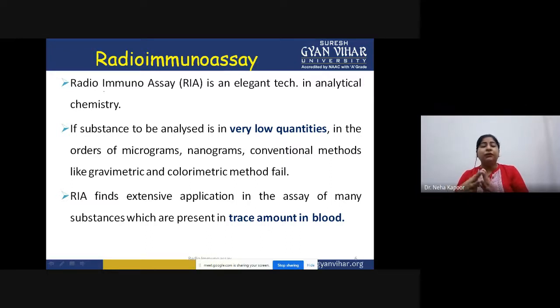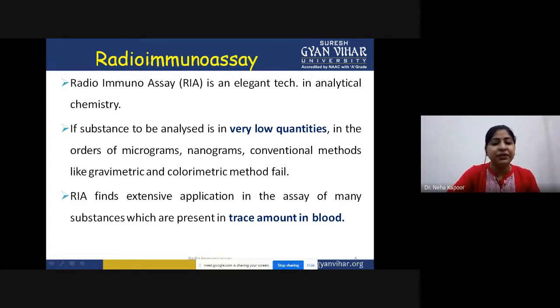We normally perform this technique if a particular analyte that we want to analyze is present in a very low quantity, or its concentration is very small. If the concentration is very small, it can't be detected by normal routine instrumentation, for example our gravimetric method or colorimetric method. If those instruments are not able to detect that concentration, in that case we use RIA, that is radioimmunoassay.